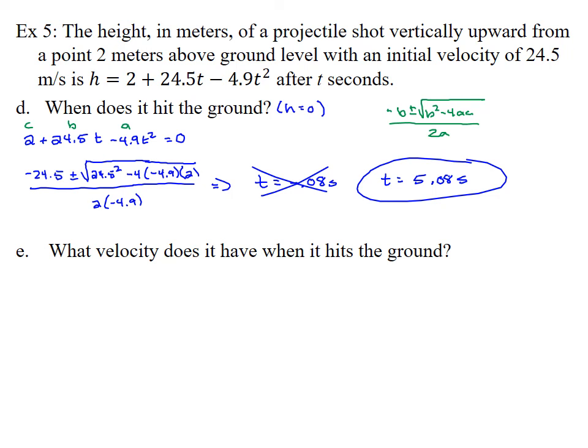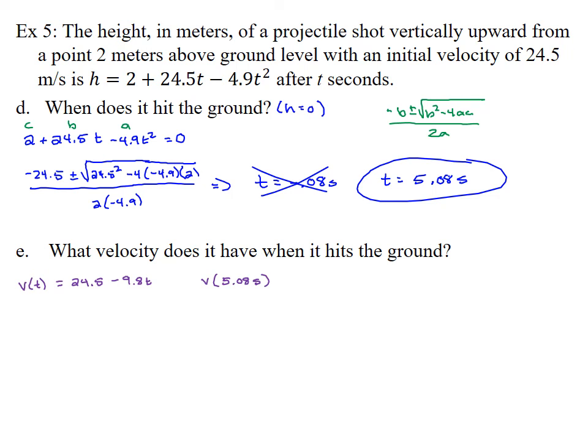So the question is, what velocity did it have when it hit the ground? You've now got to go back to the previous slide, where you should have had the velocity as 24.5 minus 9.8t. You want to know the velocity at 5.08 seconds.